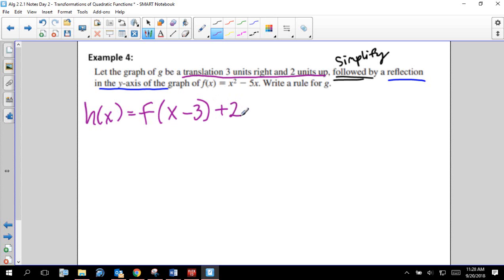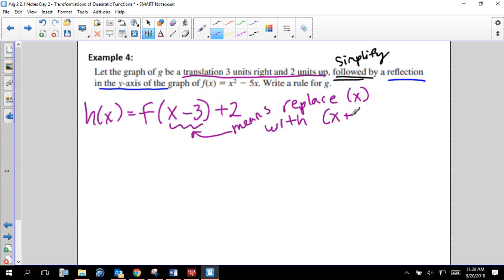Now what does f of x minus 3 mean? Means replace x with x minus 3. Wherever you see an x, replace x with x minus 3. In the function, wherever you see an x, replace x with x minus 3.